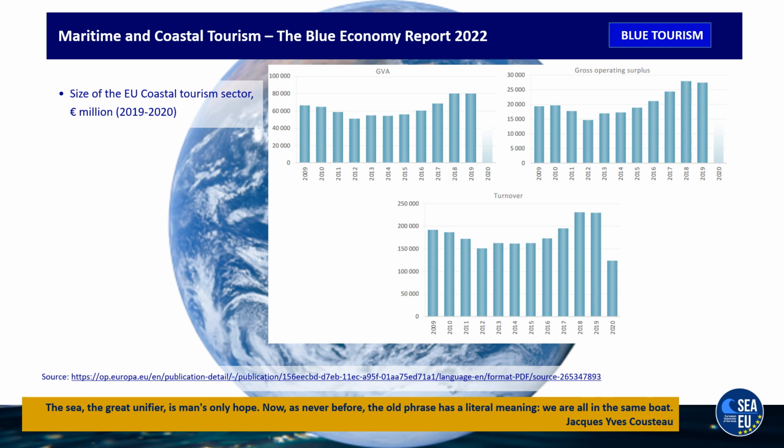With close to 4.5 million people employed, a turnover of more than 665 billion euros and 184 billion euros in gross value added, the EU blue economy sectors contribute significantly to the EU's economy, especially in the coastal regions.